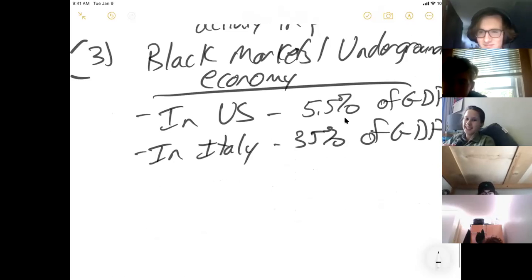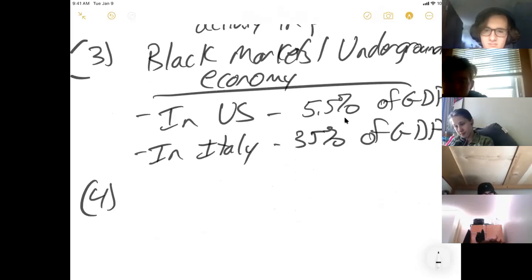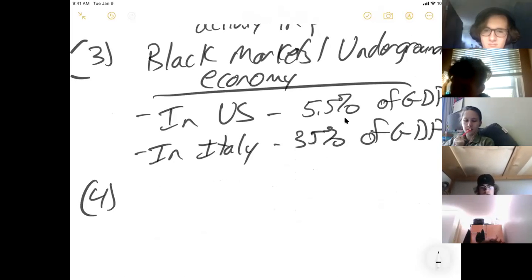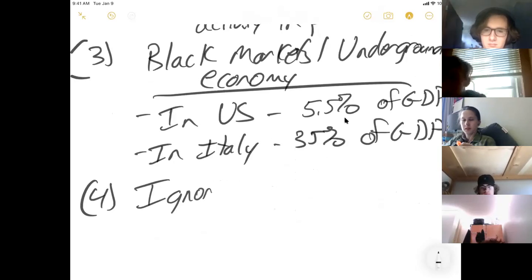There's also a couple of other really important things that GDP doesn't get. One of the most important, and this is a topic that we'll talk about a lot going forward, is that GDP ignores income distribution.